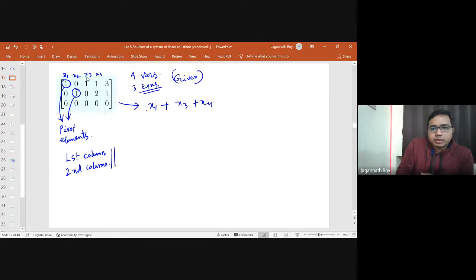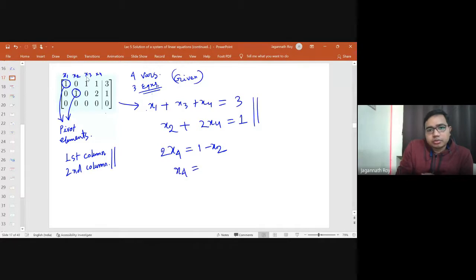Now the equations become 3, and then x2 plus 2x4 equals 1. Now if we want to find the solution in terms of x4 and x3, then what will happen? Try to write it. 2x4 equals 1 minus x2, and x4 equals 1 minus x2 divided by 2.